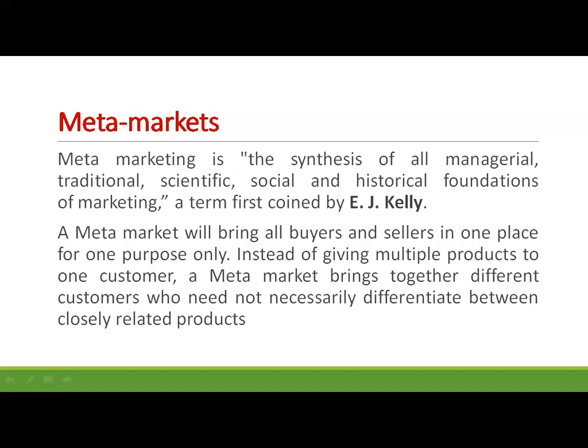The best example of meta marketing can be selling family planning ideas or the idea of prohibition. A meta market will bring all the buyers and sellers to one place for one and only one purpose. Instead of giving multiple products to one consumer, meta markets bring together different consumers who need to differentiate between closely related products.